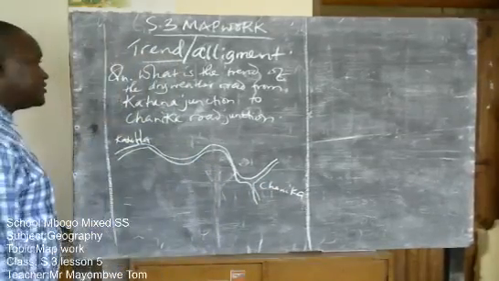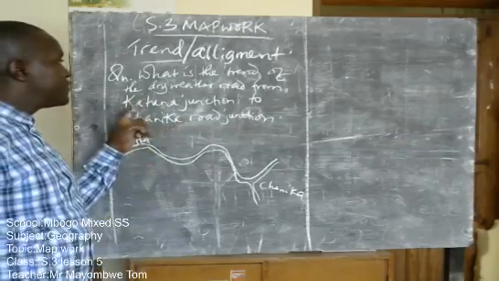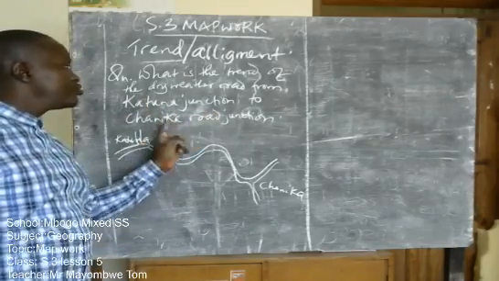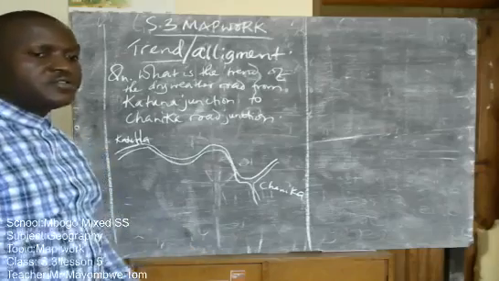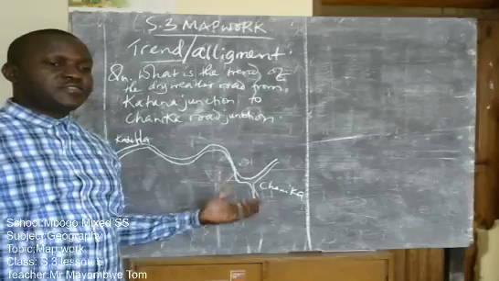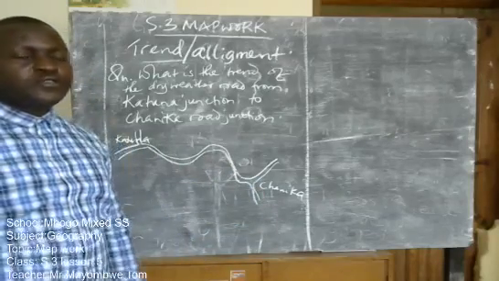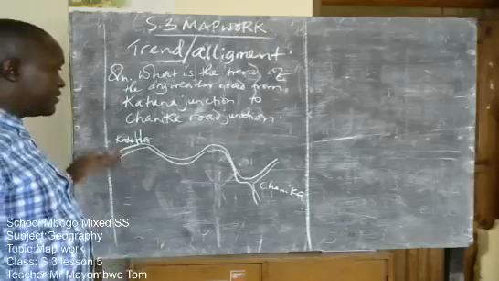So the question is, what is the trend of the dry weather road from Katuna Junction to Chanika Road Junction? In finding the trend, you first identify these two places. Where is Katuna Road Junction and where is Chanika Road Junction? After, join these two places with a straight line.